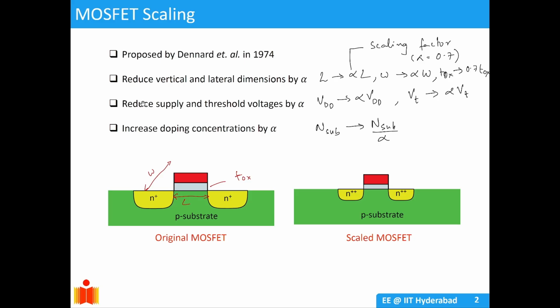Next is to reduce supply and threshold voltage by alpha. That means your VDD becomes alpha VDD and VTH becomes alpha VTH. Next is increase doping concentrations by alpha, that is, substrate doping goes to substrate doping divided by alpha. Alpha can be some value less than 1, such as 0.7.